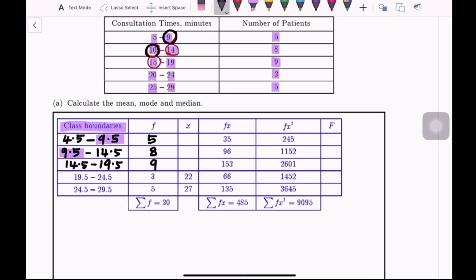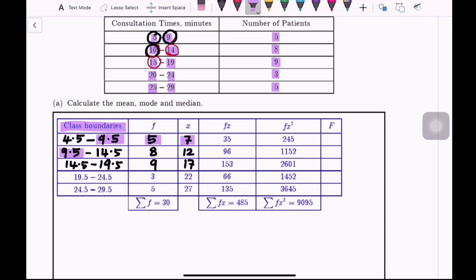So 5 and 9, the midpoint is 7. 10 and 14, midpoint is 12. 15 and 19 is 17. For the next column, we find fx. fx means frequency multiplied by class mark. So we have as given.